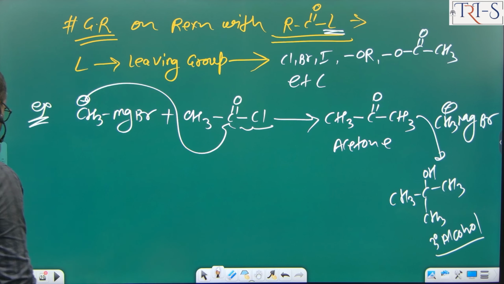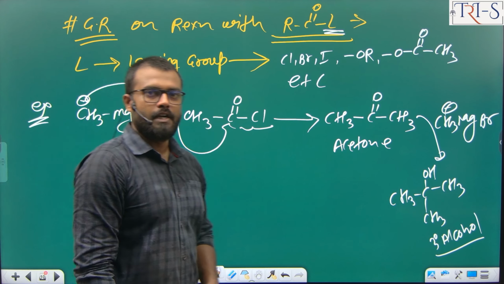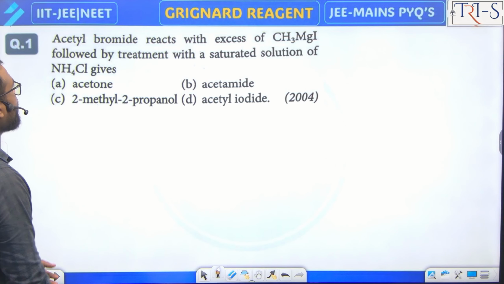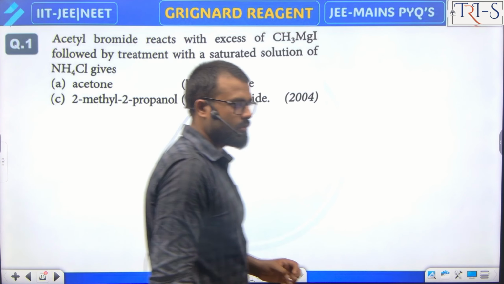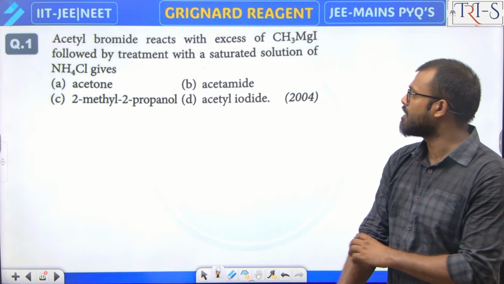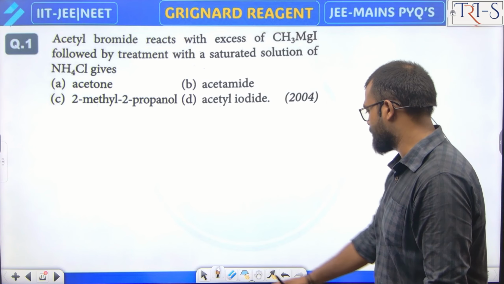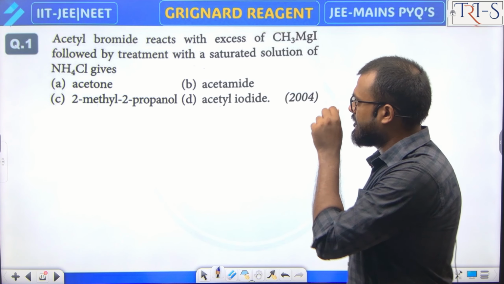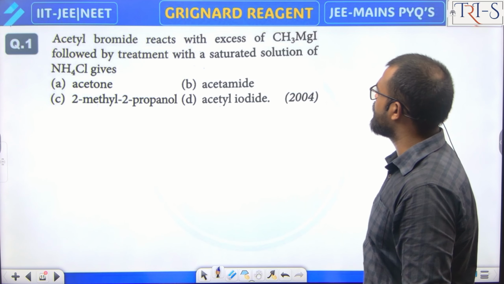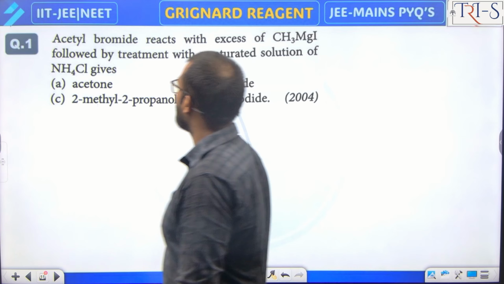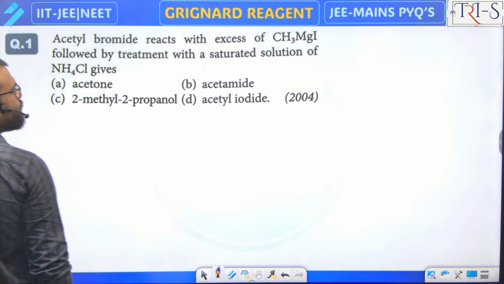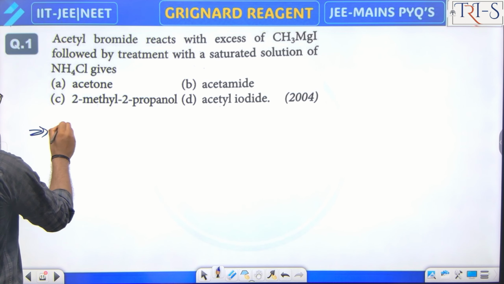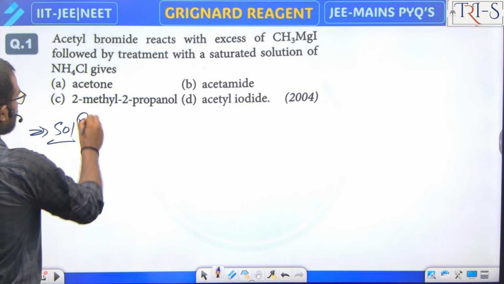Okay. Now it is the time to discuss the previous year's questions. The first question appeared in the 2004 JEE-mains exam. Acetyl bromide reacts with excess of CH3MgI followed by treatment with saturated solution of NH4Cl gives. Let's see the solution.